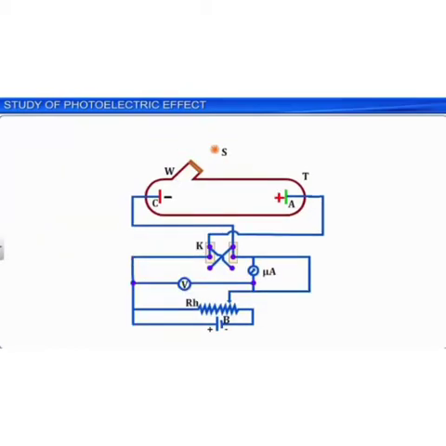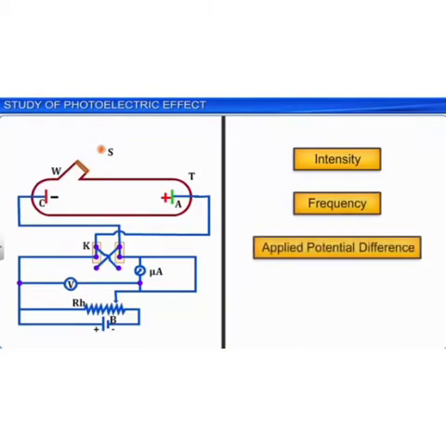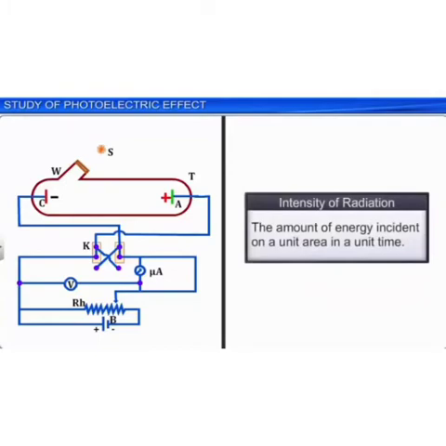Using this experimental arrangement, let us now study the variation of photoelectric current when we vary the intensity of radiation, frequency of radiation, the applied potential difference between the plates, and the material of the emitter. Intensity of radiation is defined as the amount of energy incident on a unit area in a unit time.